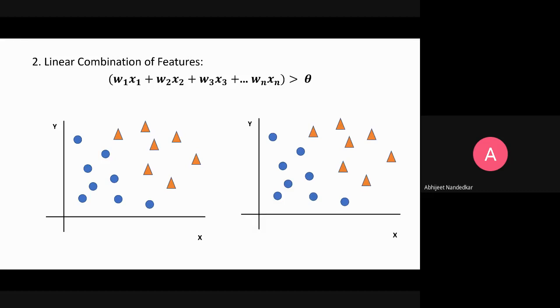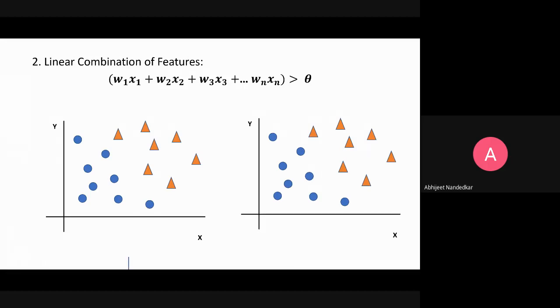So if you do checking here, you can draw a line like this, or you can draw a line like this. Okay, so the position may be anywhere, but this will not give a proper bifurcation of your data into two groups.